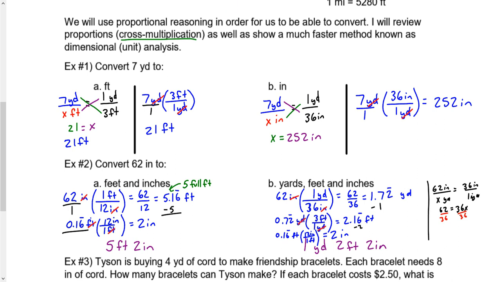Well, then we have to still do that same kind of work. We have to do the 0.72 repeated yards is how many feet? Sorry, 1 yard, it's 3 feet. Do our cross multiplication. X would give us 2.16 repeated. It just takes up a lot more time and a lot more work. So this allows us to do things very quickly.